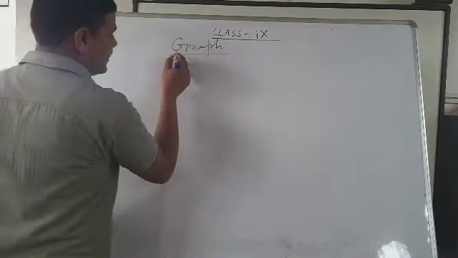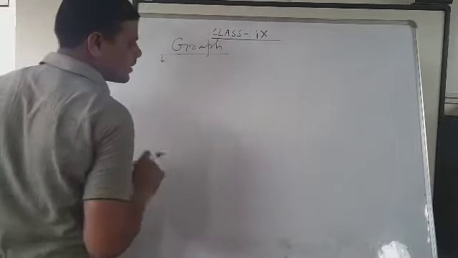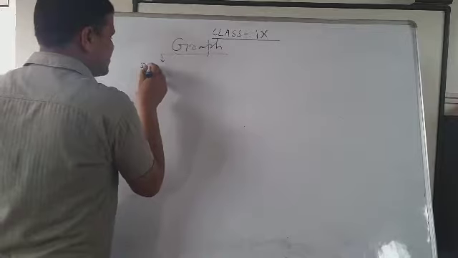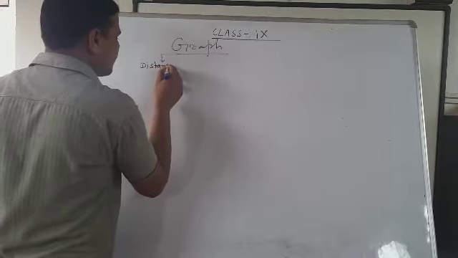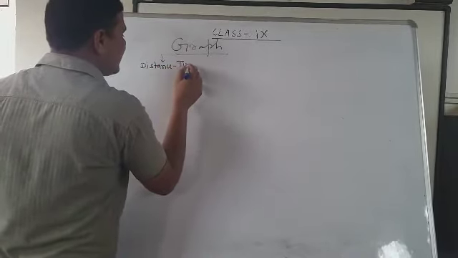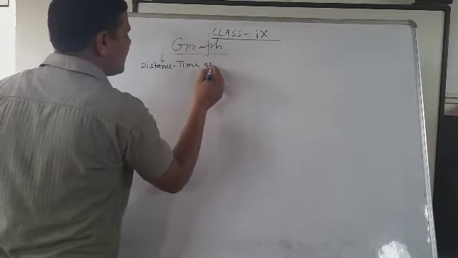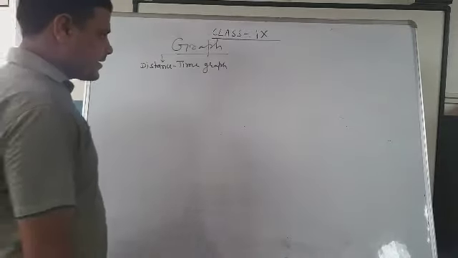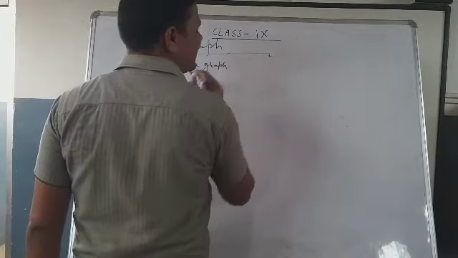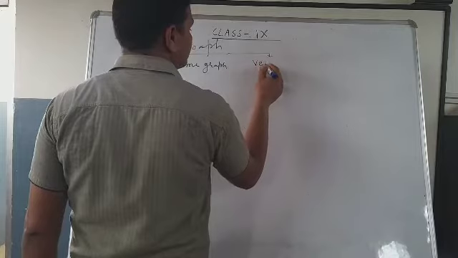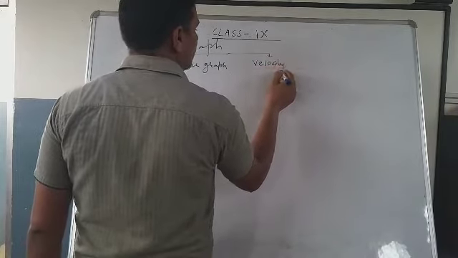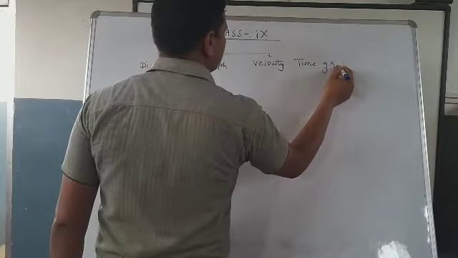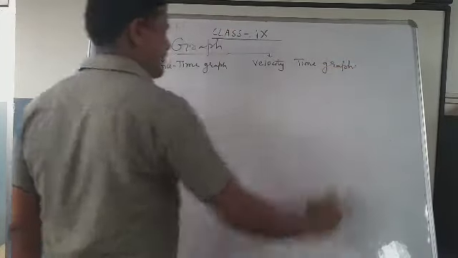In physics, there are two types of graph. The first type of graph is the distance time graph, and the second category of graph is the velocity time graph.